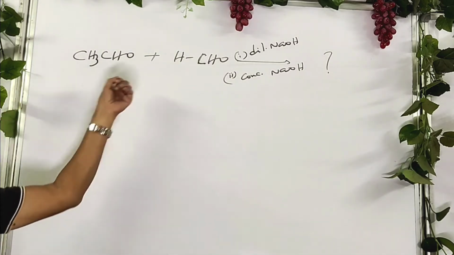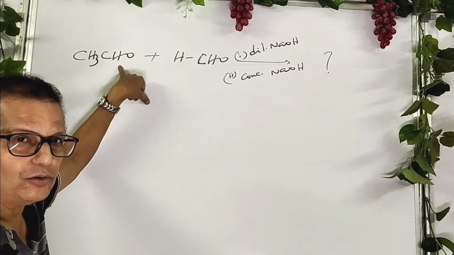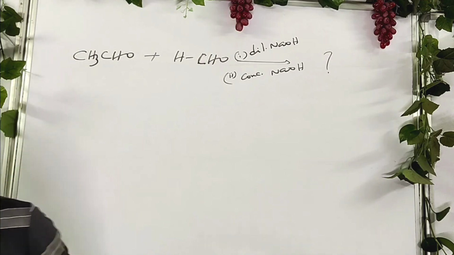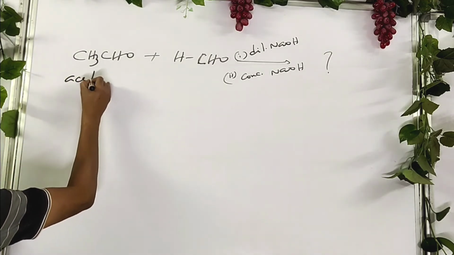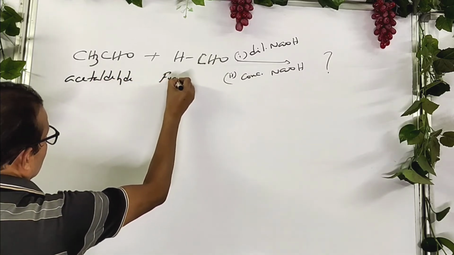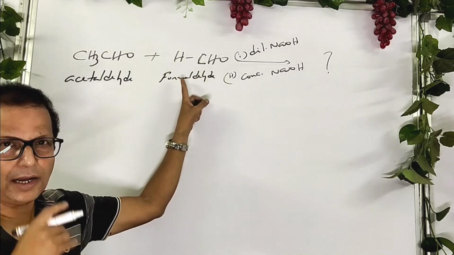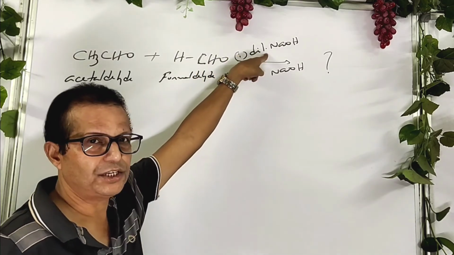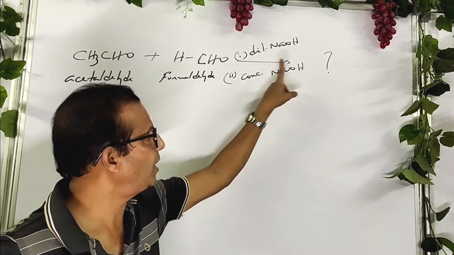The reaction occurs with some amount of acetaldehyde and some amount of formaldehyde. At first stage, use dilute sodium hydroxide and then concentrated sodium hydroxide.